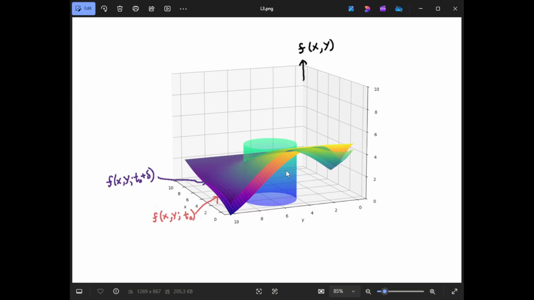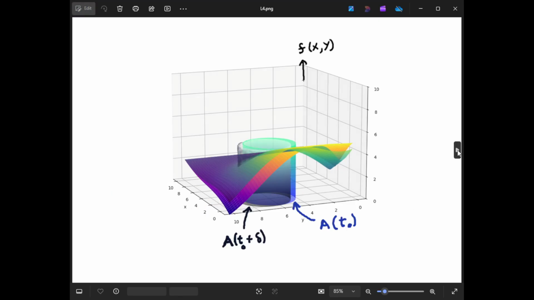So it might do something like this, where it kind of rises a bit, and maybe becomes a bit more curved. So that's going to cause changes in that volume integral. And the other factor that will cause changes is the fact that the area itself is going to move or deform, because the area is also time dependent. So it basically starts here and then slides over there after an interval of delta t.